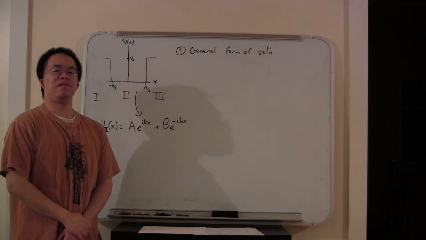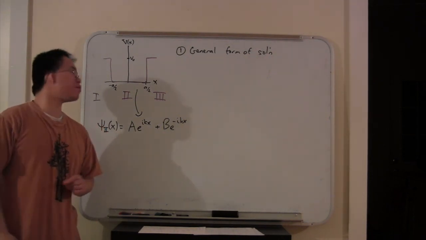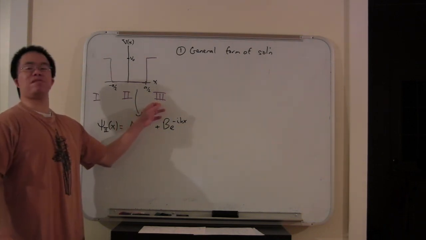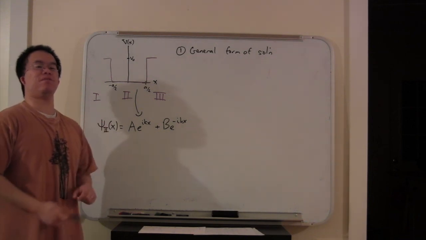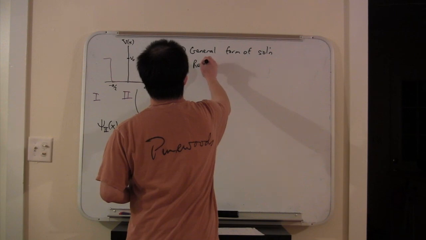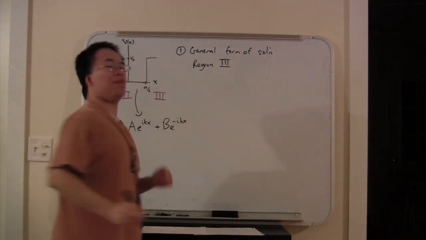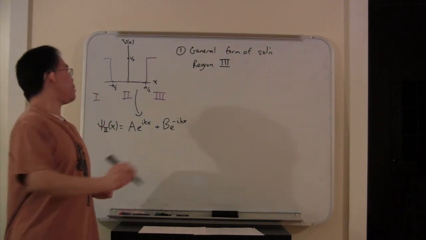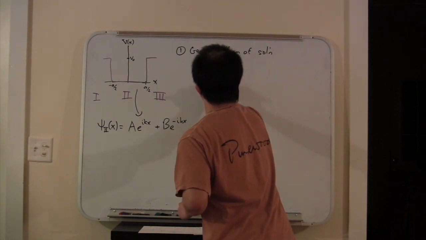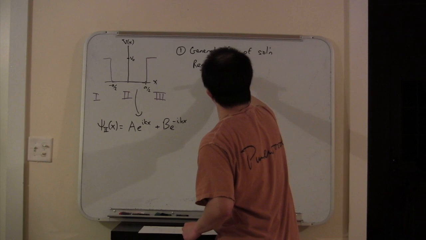Our next step is to try to solve the time-independent Schrodinger equation outside the well. So I'm going to start by looking in region 3. And there we have the following. So we have the kinetic energy term as usual.